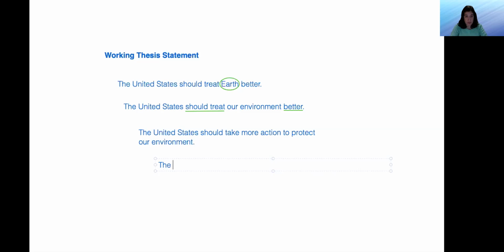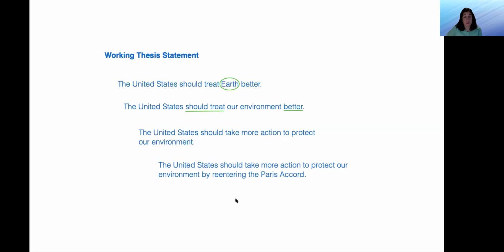So we could come up with: now we have the United States should take more action to protect our environment by re-entering the Paris Accord.